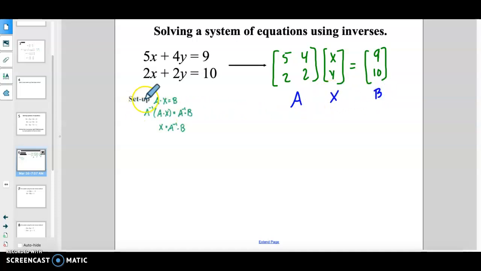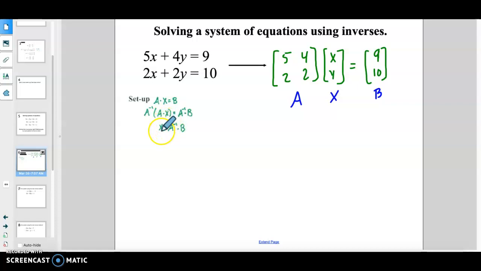Over here, I have the setup for how we can use inverses to solve for x and y. We have A times X equals B, but our goal is to get X by itself. To get rid of A, we multiply by the inverse of A. We know when you multiply by the inverse of a number, like 2 times 1/2, you get 1. So we're going to multiply both sides by the inverse to make A leave this side.